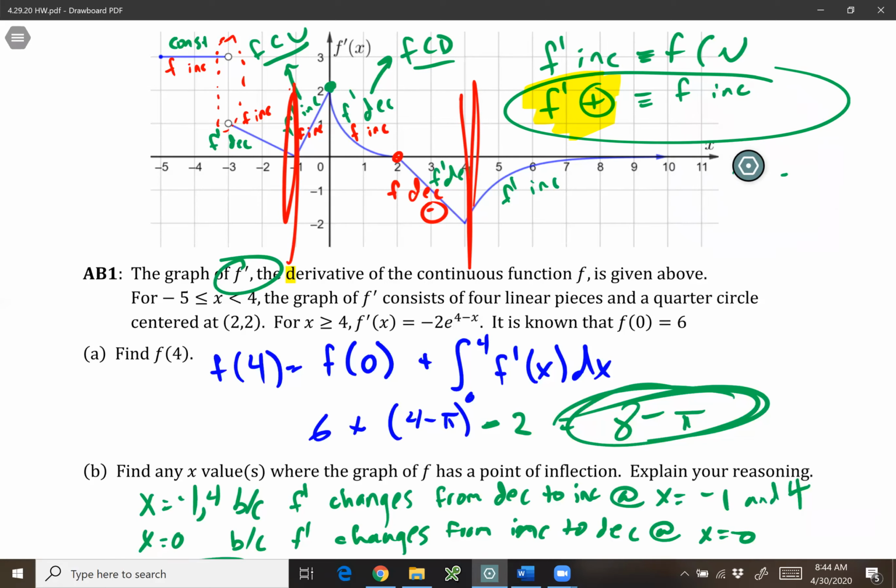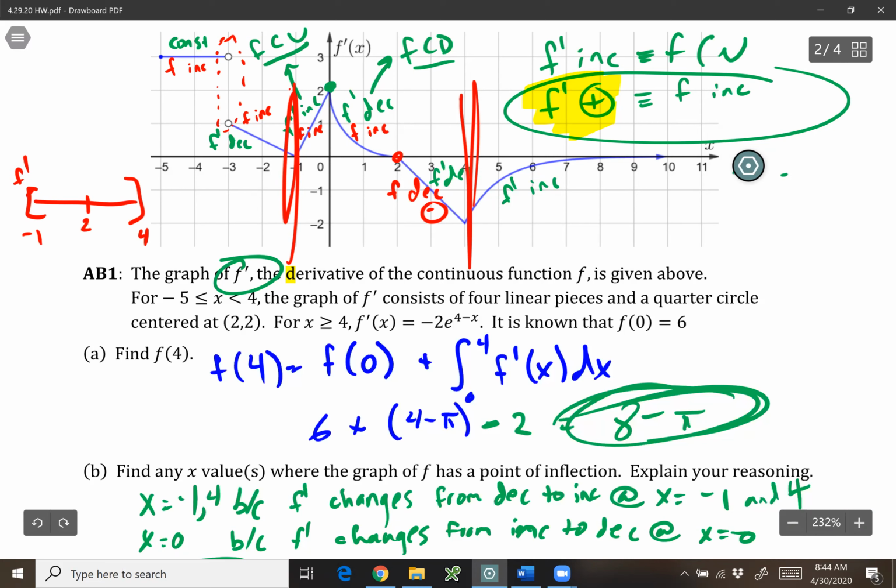Actually, what we can say is that if we made a number line between -1 and 4, we have our only critical point at 2 for f prime. It's positive between -1 and 2, and negative until 4, which means f increases and then decreases.